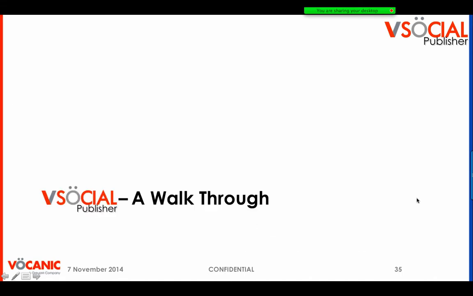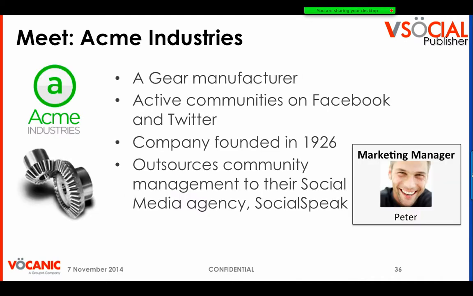All right, now let's move on to a few of the examples. I'll be logging into a live environment to show you some of these examples. But first, let me introduce the different parties involved. A lot of the time in my training, I use a fake company called Acme Industries. In this case, it's a gear manufacturer.